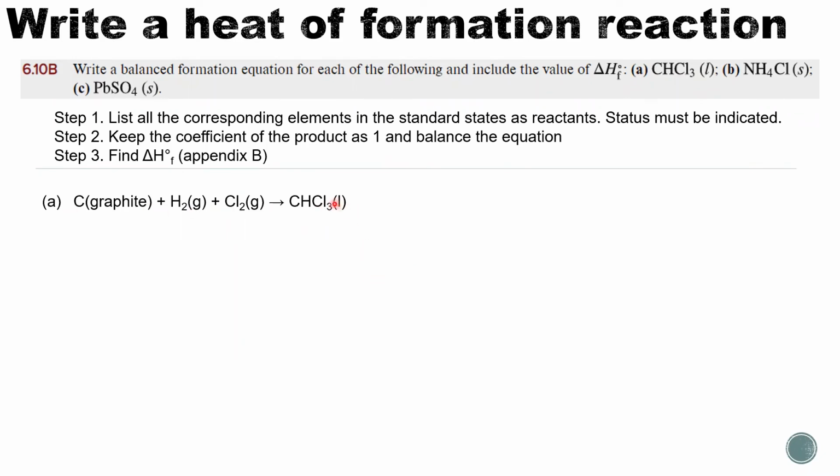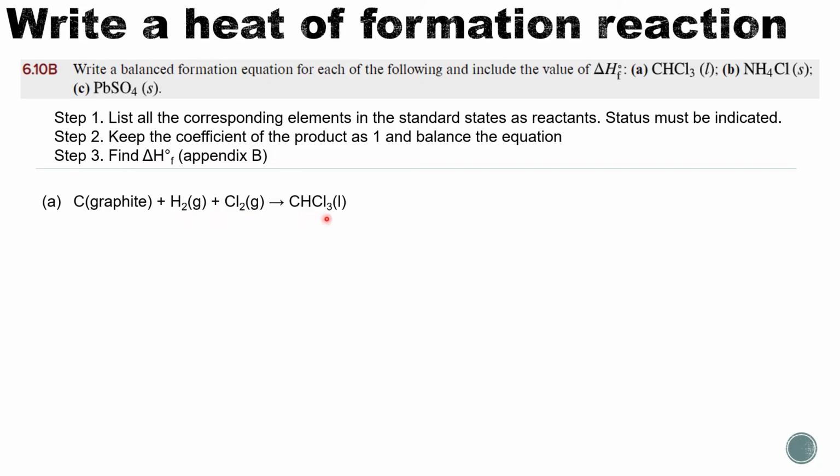And second, we need to keep the coefficient of the product as 1. So we only have 1 CHCl3 and then balance the equation. In the product, we only have 1 carbon, so the coefficient of graphite should be 1. For hydrogen, we only have 1 hydrogen atom in the product compound, but each hydrogen gas has 2 hydrogens. So to make it balanced, we put one half as the coefficient for the hydrogen gas.